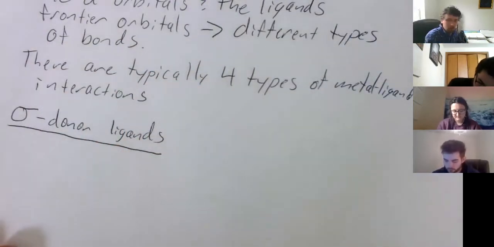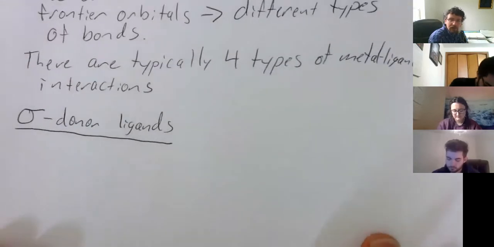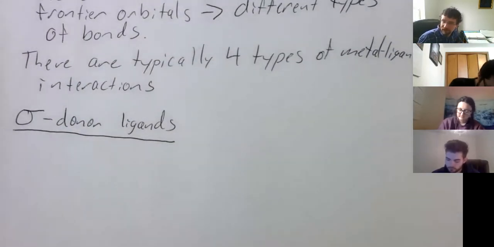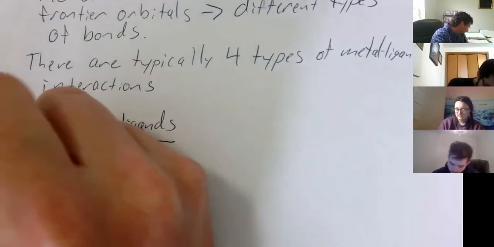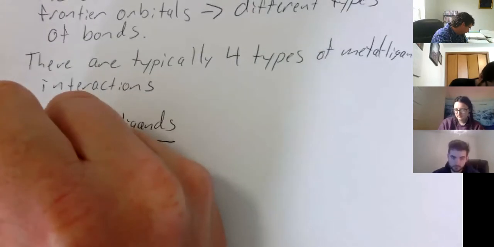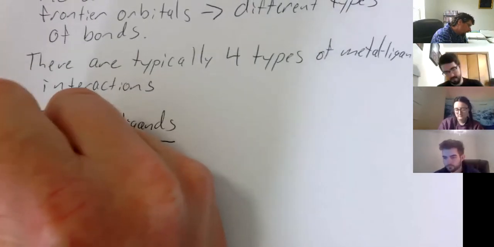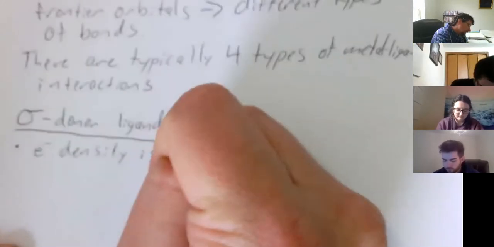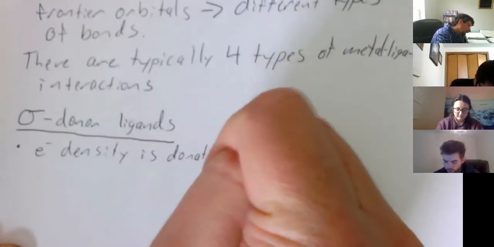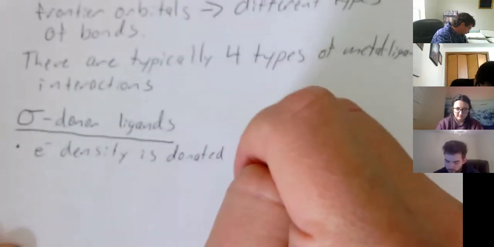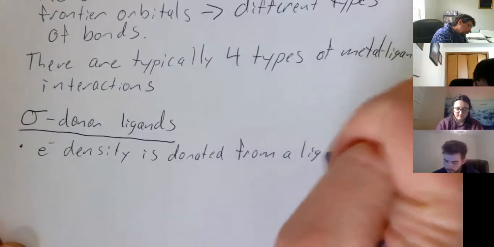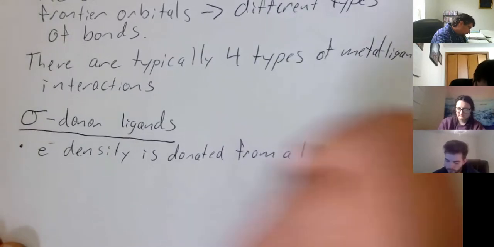And these are the type of ligands we've talked about most of the time so far. So what happens is electron density is donated from a ligand to a metal.